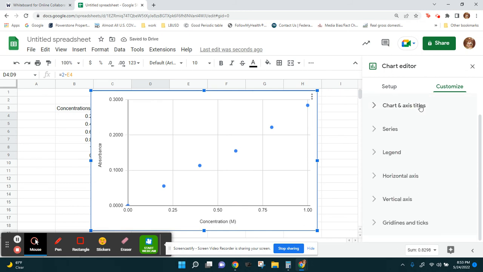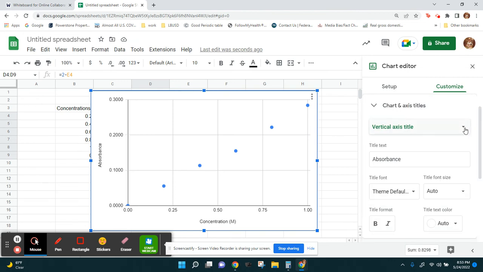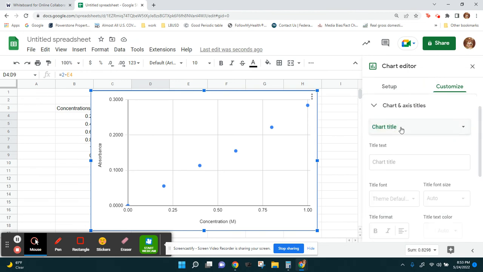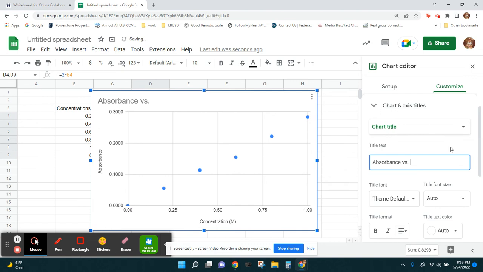So the title to the whole chart, remember that the title is always y versus x. So what do we have on the y-axis? Absorbance. And what do we have on the x-axis? Concentration. For a solution of copper sulfate.